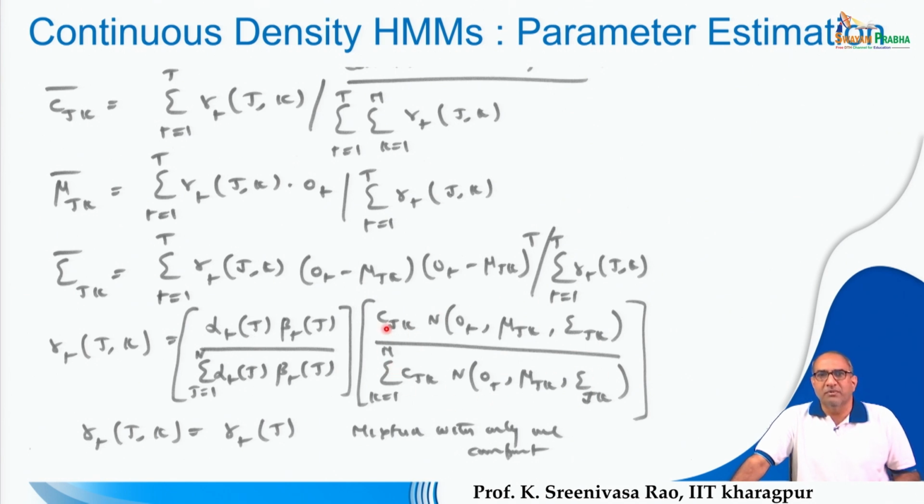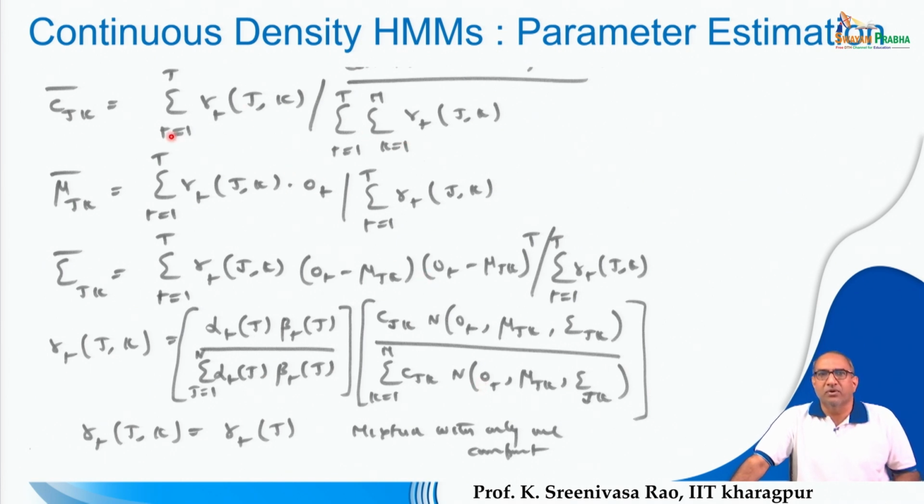It is Cjk, the mixture coefficient for each component, where k refers to the component, multiplied by the probability of the model with a mean vector and a covariance matrix. There are m components, so this is for the kth component, and the denominator is the summation over all m components. That way you can compute gamma t of jk, and once you have it, you plug it into these formulas.